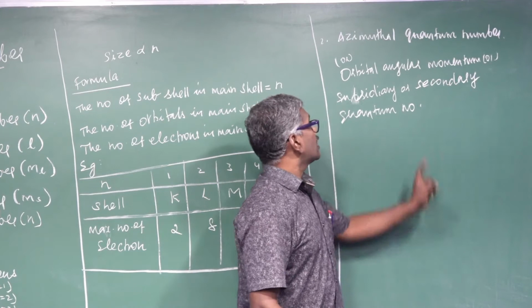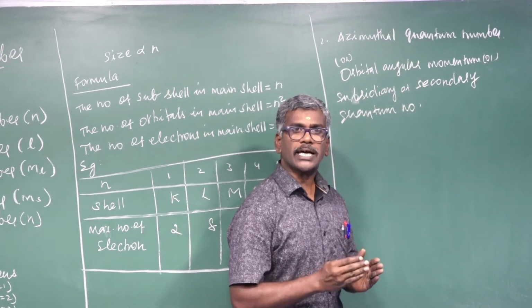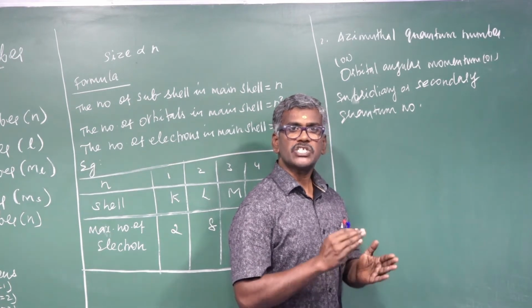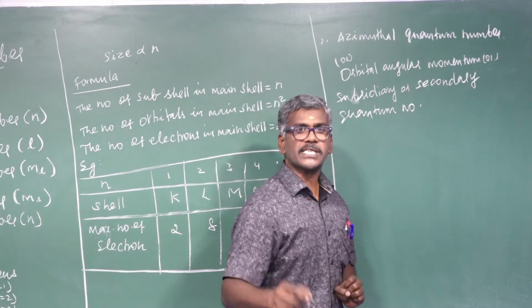All are the same. The azimuthal quantum number determines the orbital angular momentum and shape in which the electron is located in the subshell.